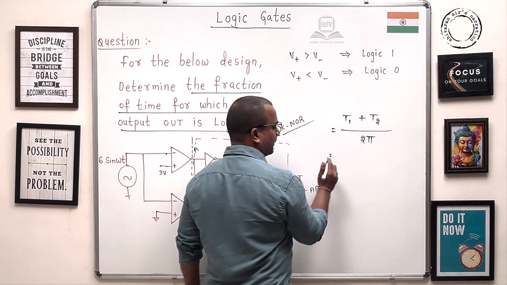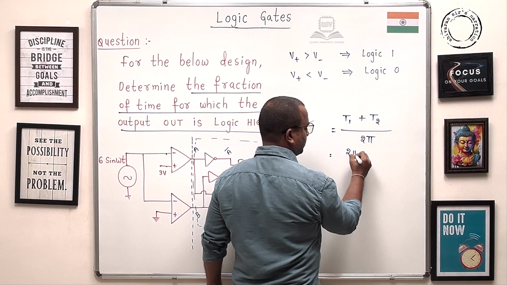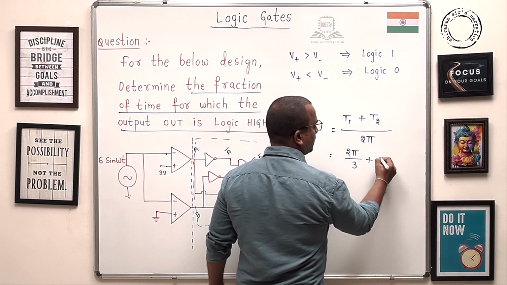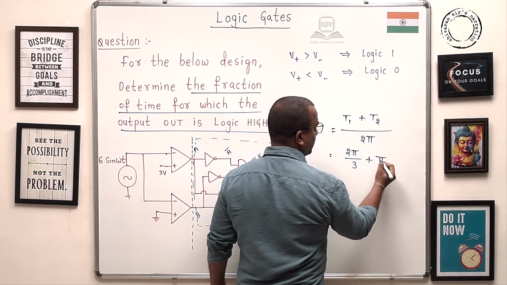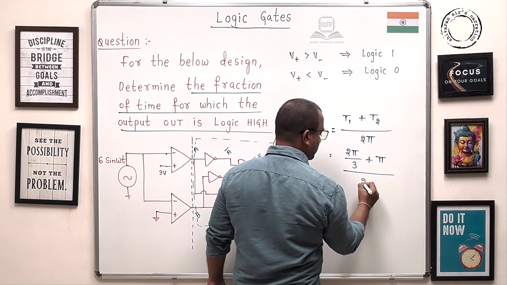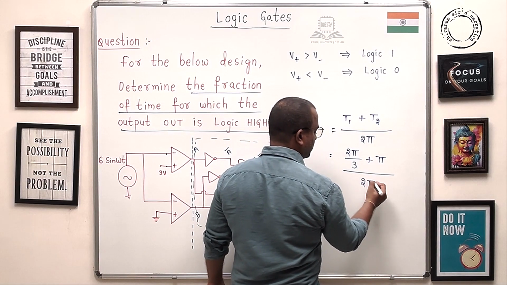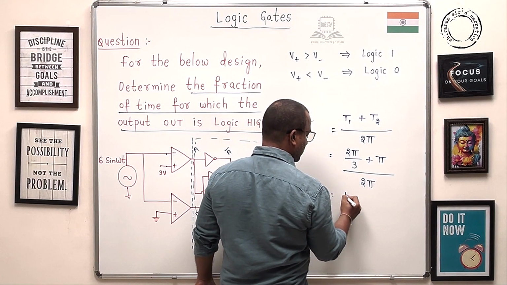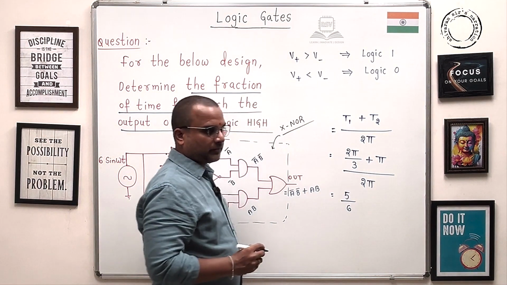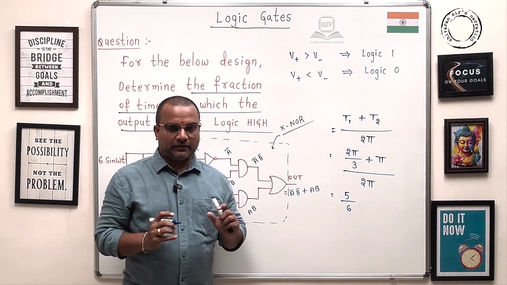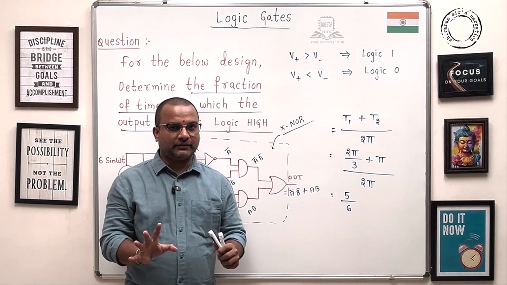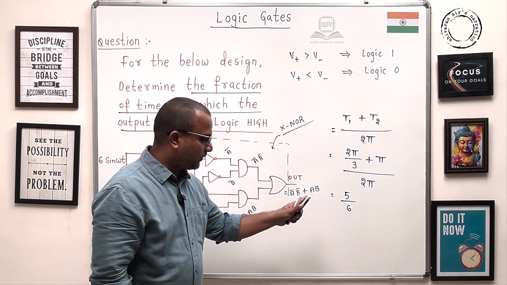What is t1? 2 pi by 3, and t2 is the complete half cycle, pi. So it is (2 pi by 3 plus pi) divided by 2 pi. When you simplify, we get 5 by 6. So for this particular design, the fraction of time over which the output is logic high is simply 5 by 6.